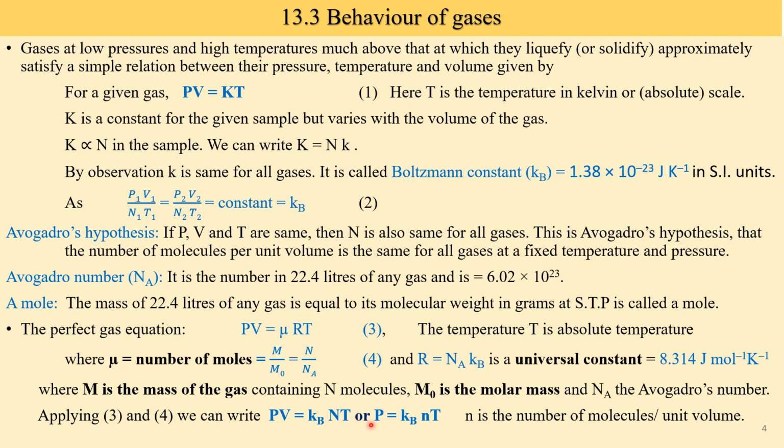Or it can be written as P is equal to Kb into small n into T, if we consider a unit volume, that is, put the value of volume as 1, where n is the number of molecules per unit volume.